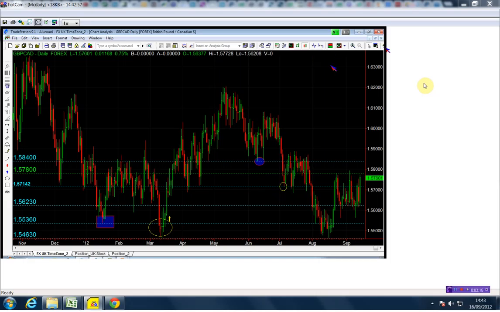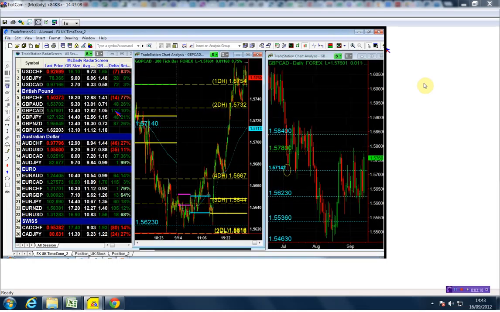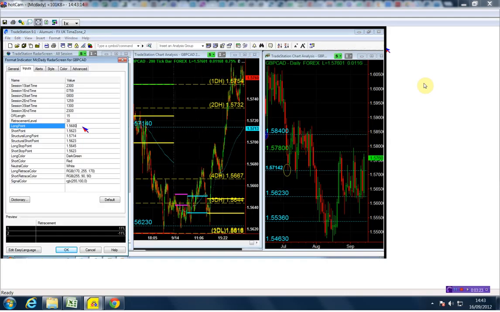So we will buy the Pound CAD above 157.80, and we have a structure point at 158.40, and if I buy it here, my stop is going to be below the 2 daily high, which is 157.32. So I'm risking about 30 pips on that trade.